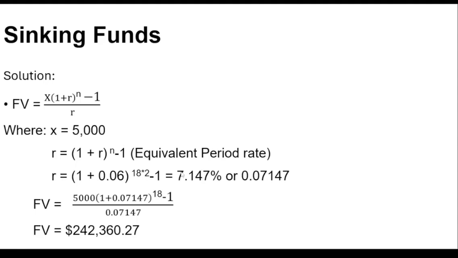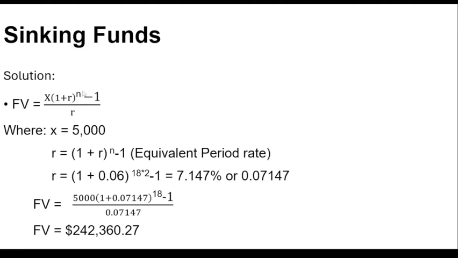To do that, we use the equivalent period rate, which is calculated like this. When you are given the interest rate for a particular period, you can convert it into the desired period for you to do your workings. Why do we have to convert the 6 months into 18 years?